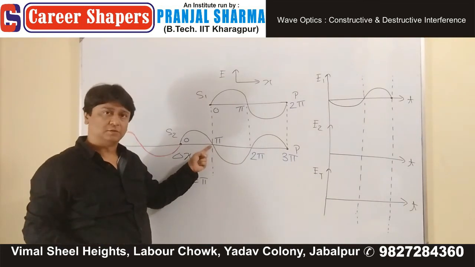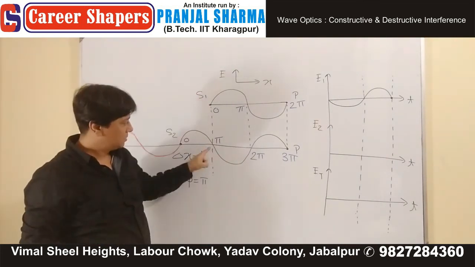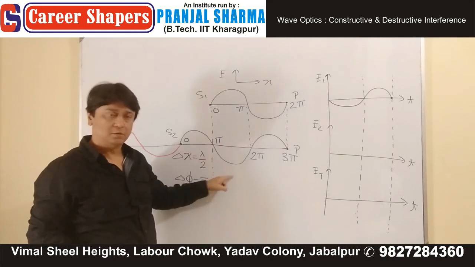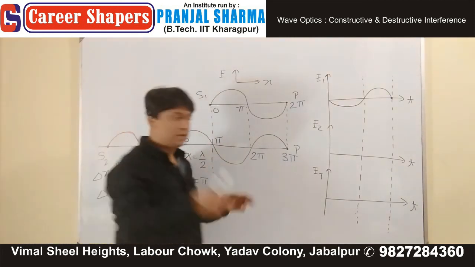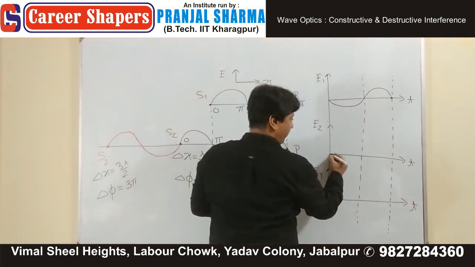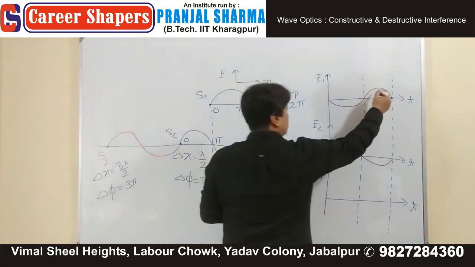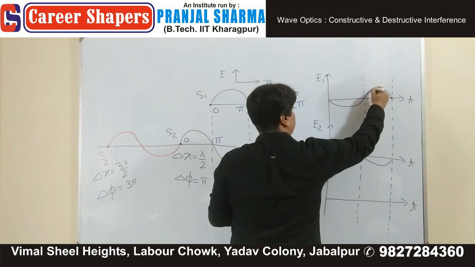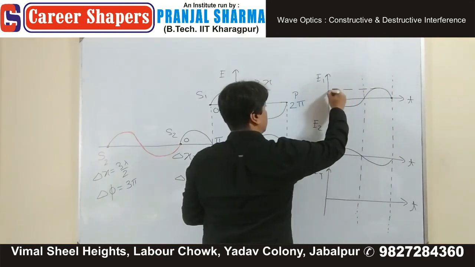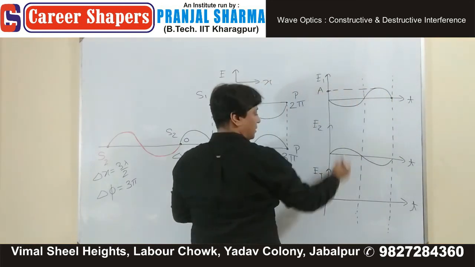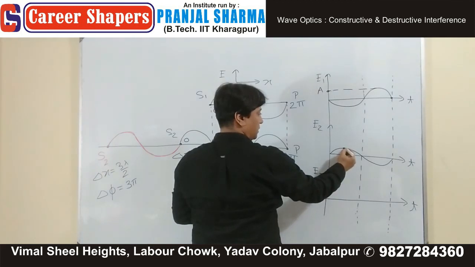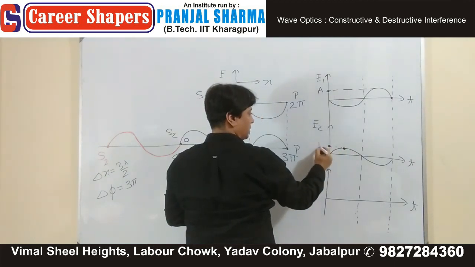Look at this. This is up, right here, down. So it starts from down and therefore draw it this way. This is A, this is B, the peak.